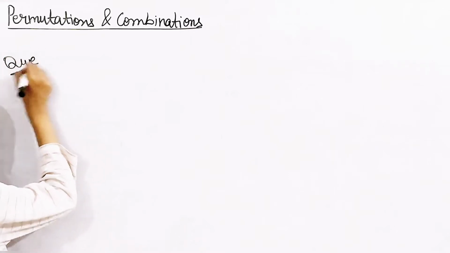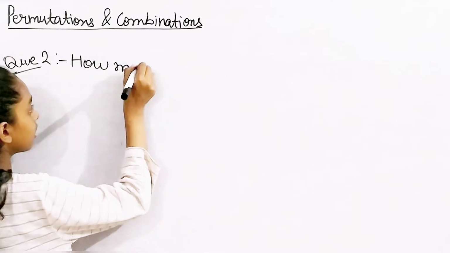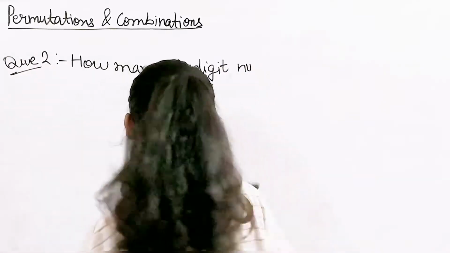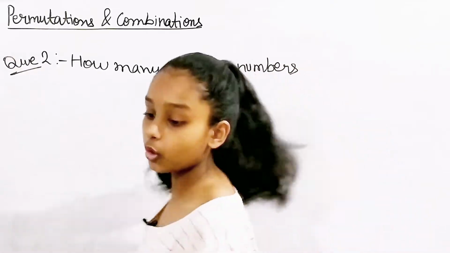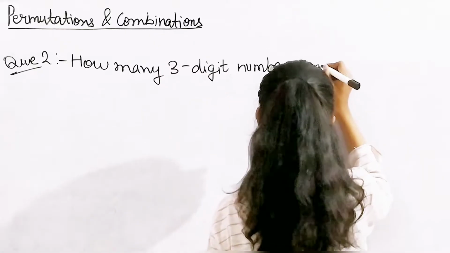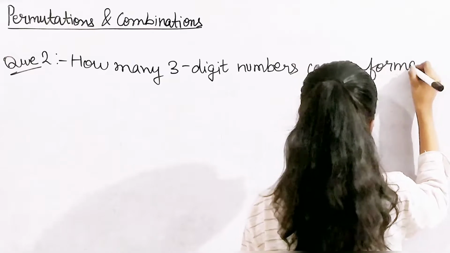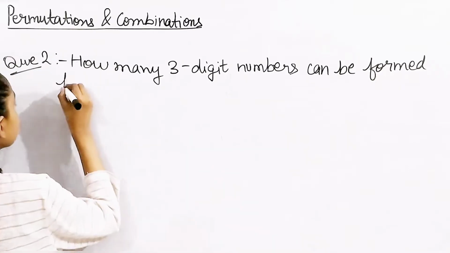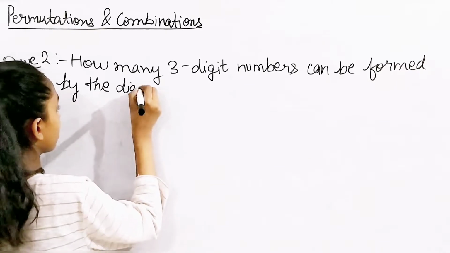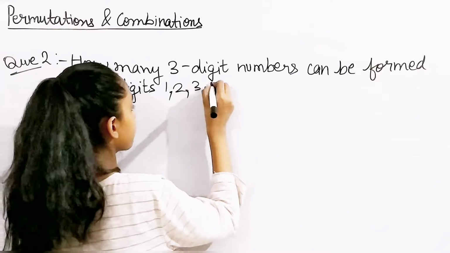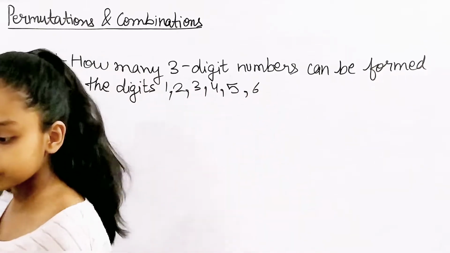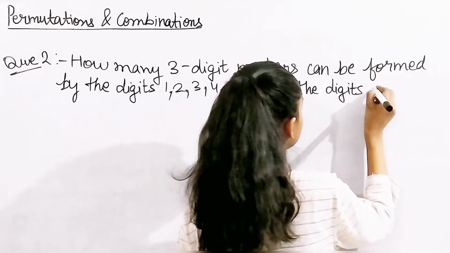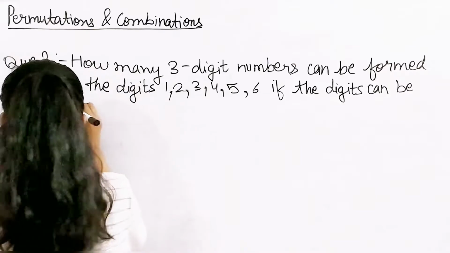Question number 2: How many 3-digit numbers can be formed by the digits 1, 2, 3, 4, 5, and 6, if the digits can be repeated.